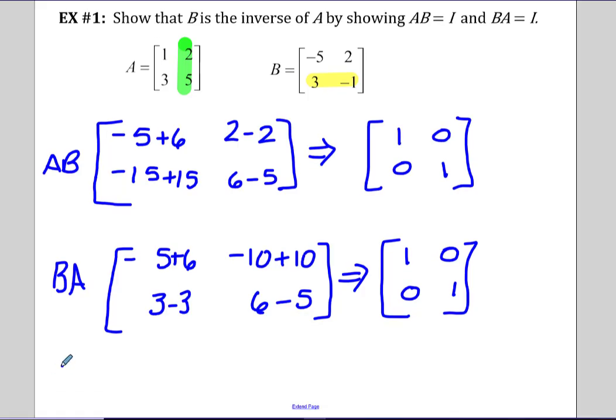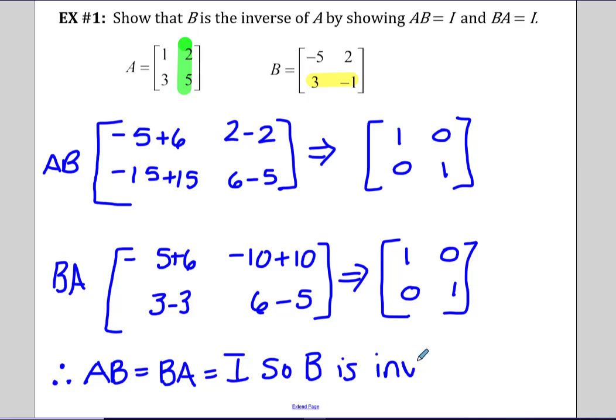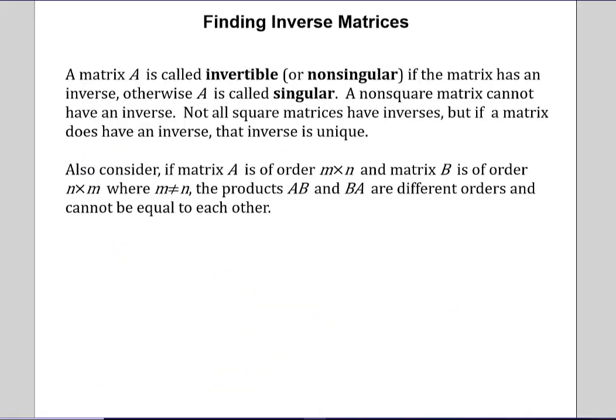To formally clean that up, we know that A times B and B times A both give us the identity, so B is the inverse of A. And that's how we check for inverses.